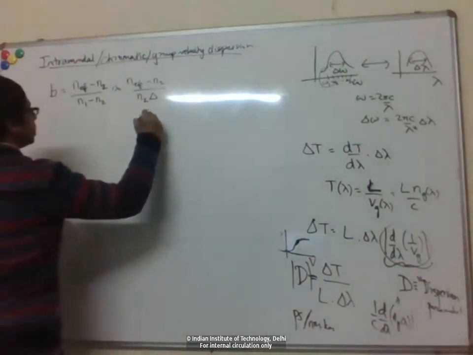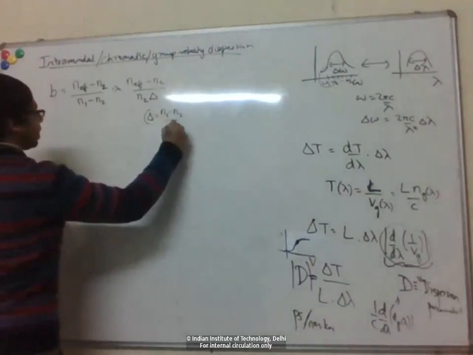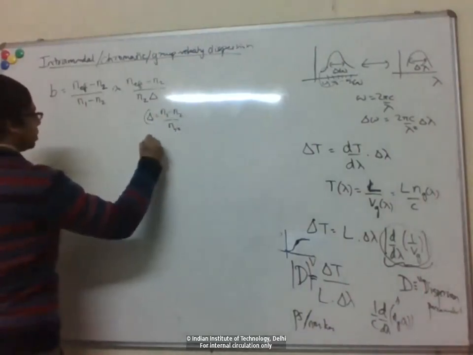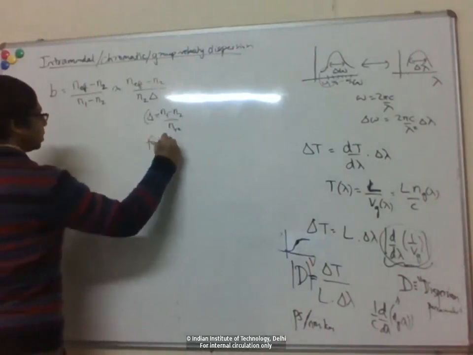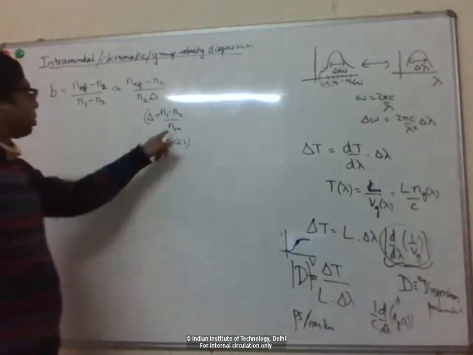Recall delta is basically n1 minus n2 divided by either n1 or n2. It doesn't matter for delta much less than 1, since n1 and n2 are very close to each other.